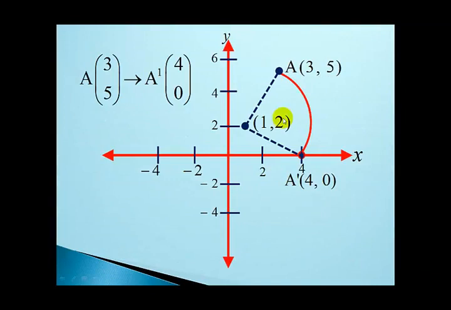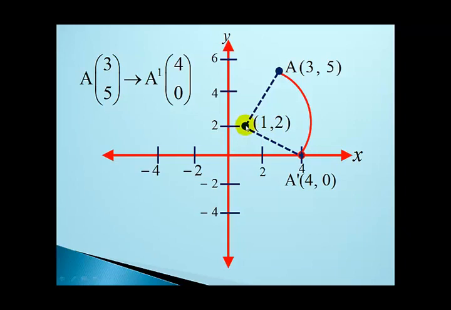That is, when you consider the graph, the coordinate of the point A is (3, 5). So we have 3 on the x-axis and 5 on the y-axis, because 3 is the x-coordinate and 5 is the y-coordinate. Now for the point (1, 2), 1 is the x-coordinate and 2 is the y-coordinate. This is the point.